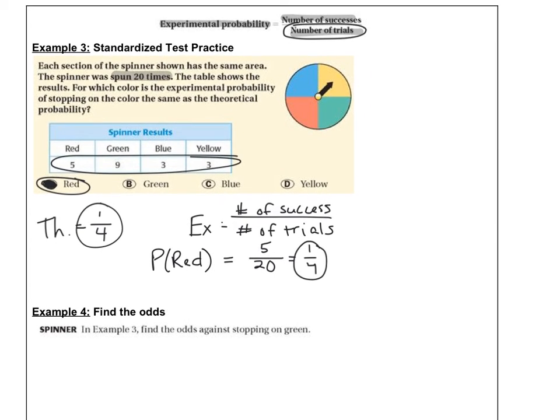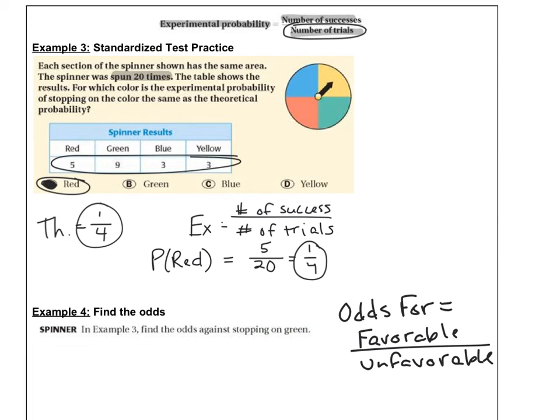And finally, example number 4 asks us to look at the spinner pair. It says in example 3, find the odds against stopping on green. When we're finding odds, when it's the odds for something, it is going to be the number of favorable outcomes over the number of unfavorable outcomes.